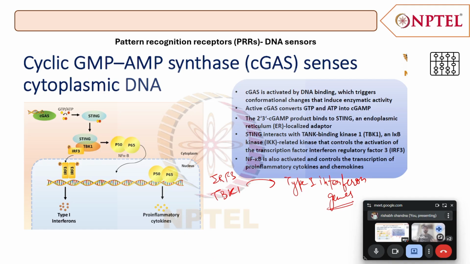This is the major pathway that helps in the production of type 1 interferon genes, and the second pathway that is activated is the p50 and p65 mediated NF-κB signaling, and that leads to the pro-inflammatory cytokines.